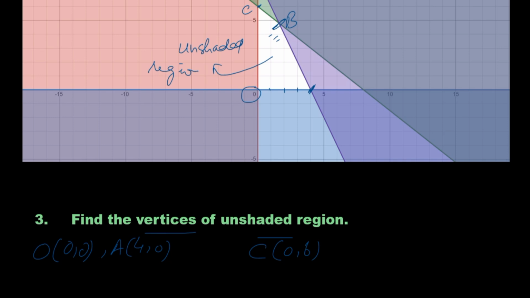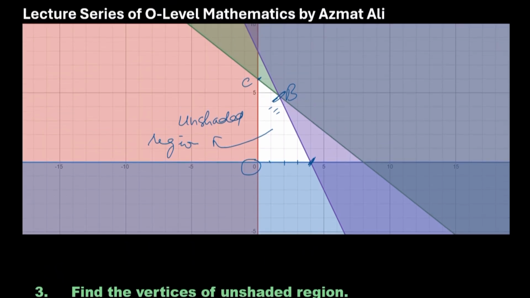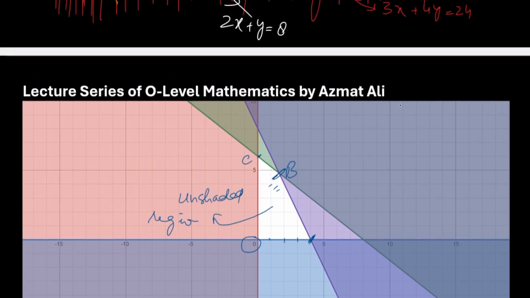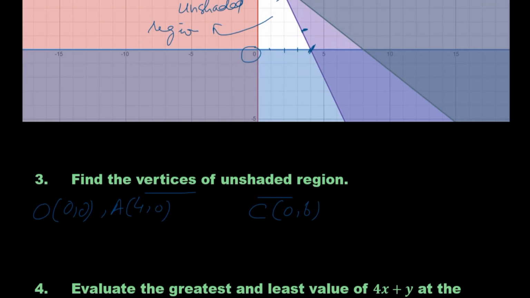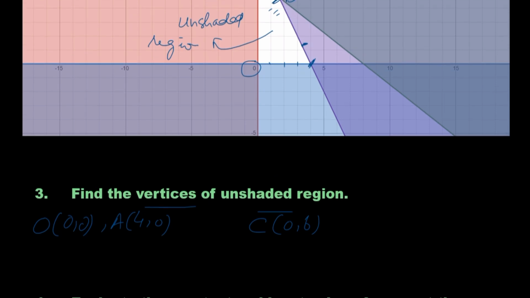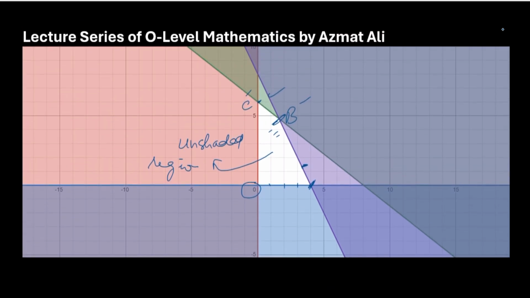Now, how will we find the coordinates of B? This is our target. If you notice, the vertex B is the point of intersection of two lines. One of the lines, the line that cuts the x-axis at 4, 0, is 2x plus y is equal to 8.